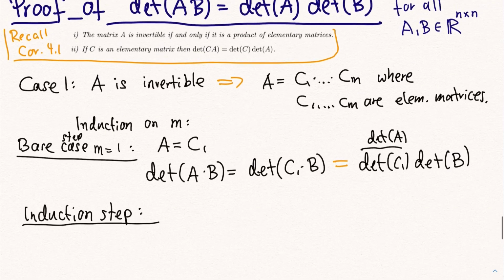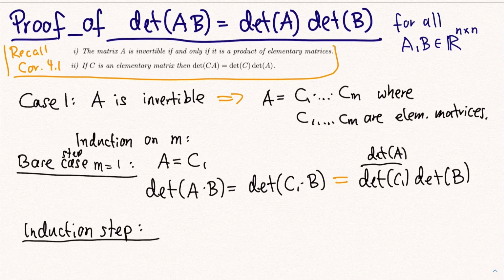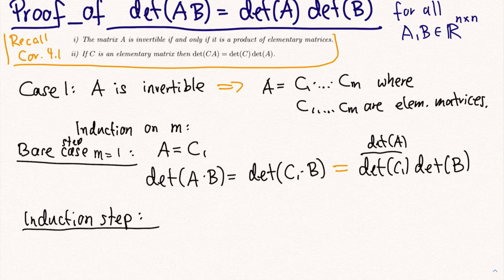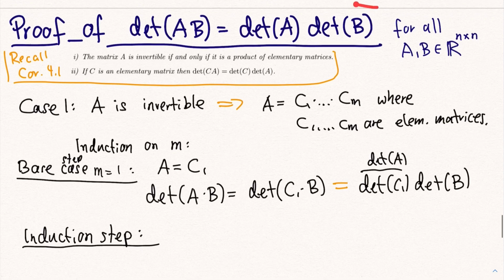So in this step we assume that if A is a product of, let's say, m-1 elementary matrices, then this formula holds.